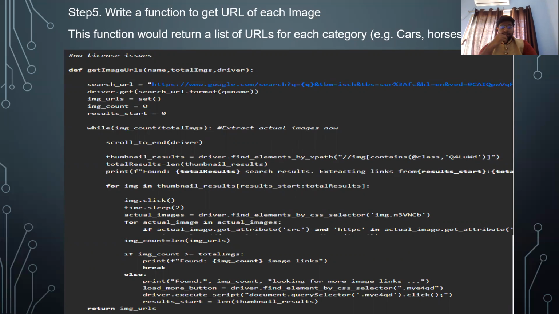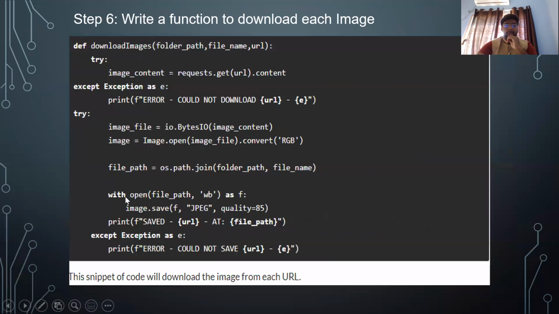The code is long, but it is very useful for web scraping using Selenium and Python. So this is the code that we are writing to get the URL of the image.